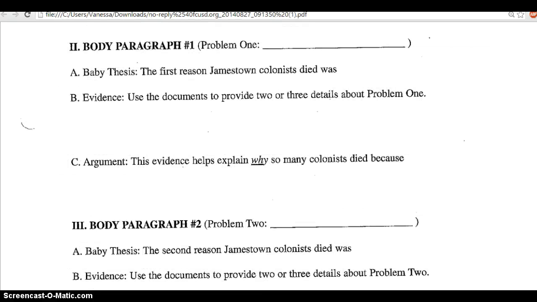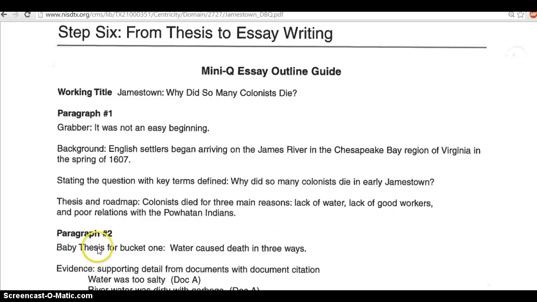Now that you have your introduction paragraph all set up, now you're going to work on your first body paragraph. I'll help you with the first one, but the other 2 ones you're going to have to continue with some clues more on your own to complete the quiz to get the credit for it. So problem 1 is whatever you said your main reason was. If you're using the example, then you're going to write thesis for bucket 1.